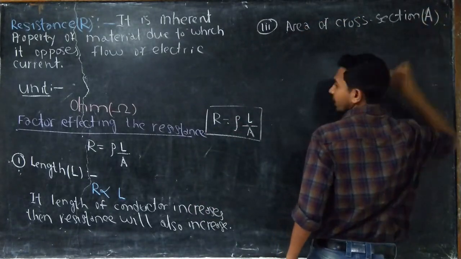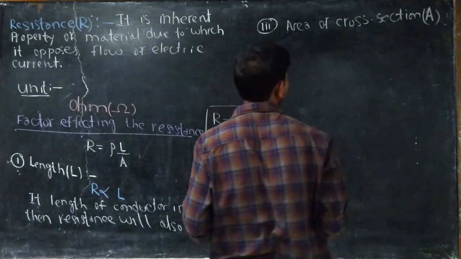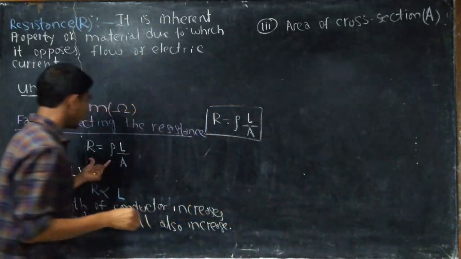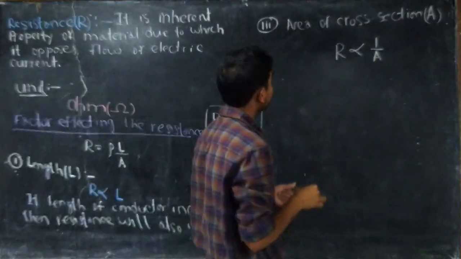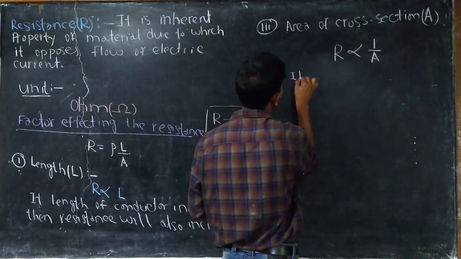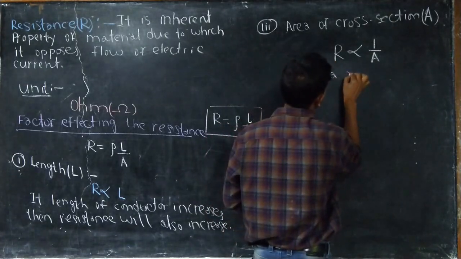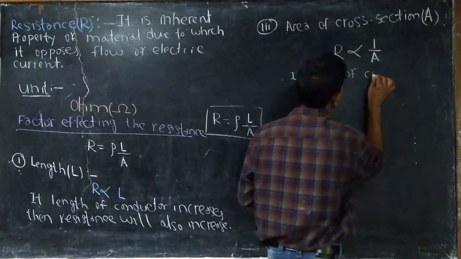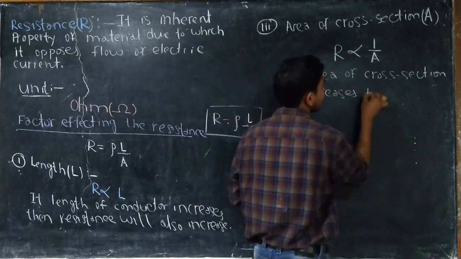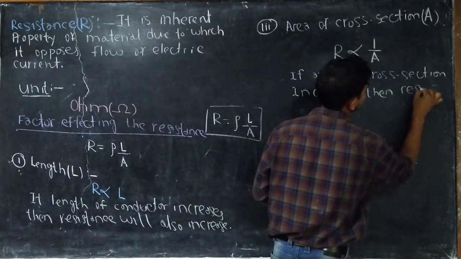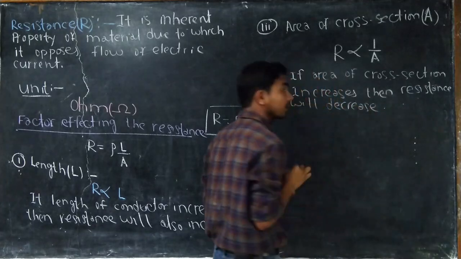That means we are talking about A. From here you can see R is inversely proportional to A. So if the area of cross section increases, then resistance will decrease.